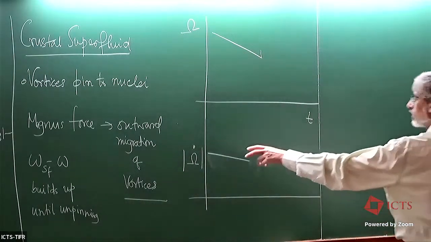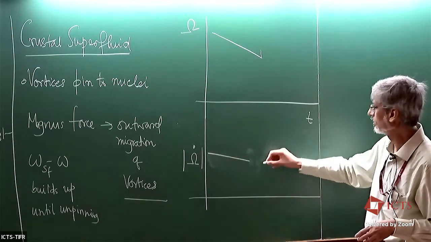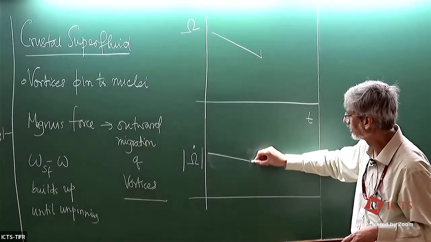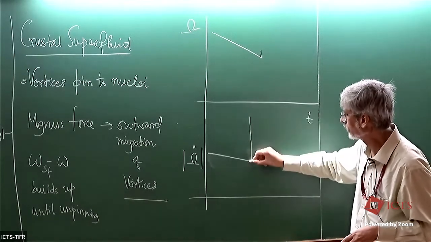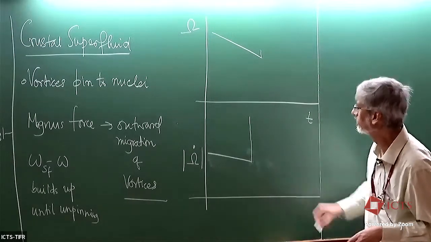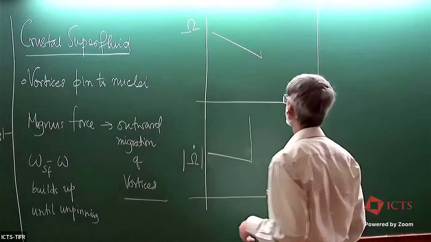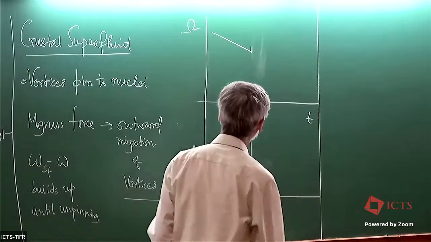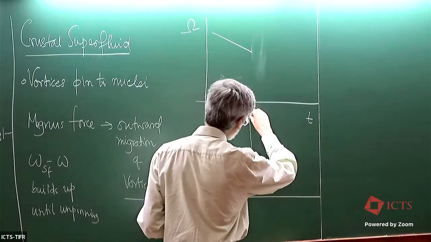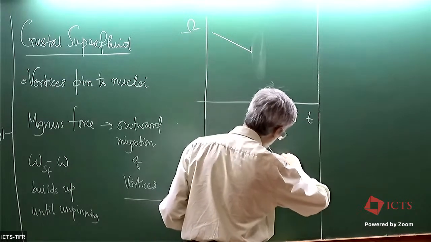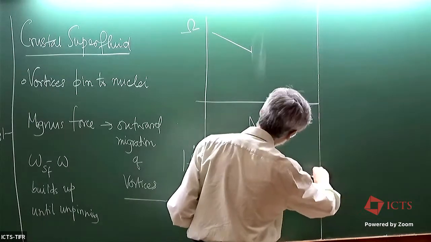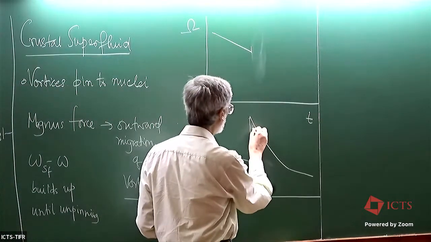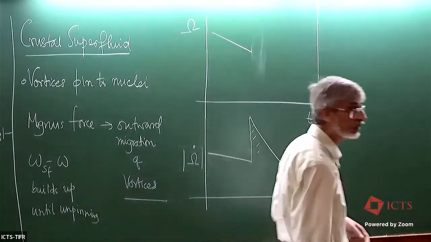Okay, I'm taking the magnitude of omega dot, decreases with time, and then a huge increase in omega dot at the same time as this. And over time, you will see this. It may take many months. This excess omega dot will slowly decay away over time.